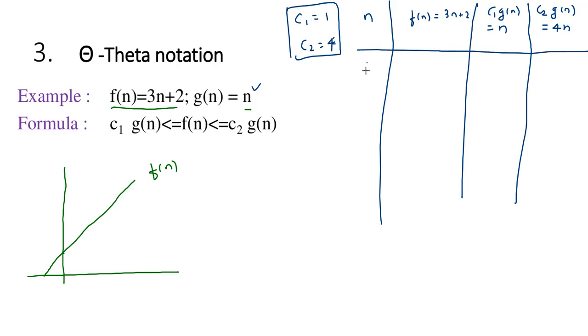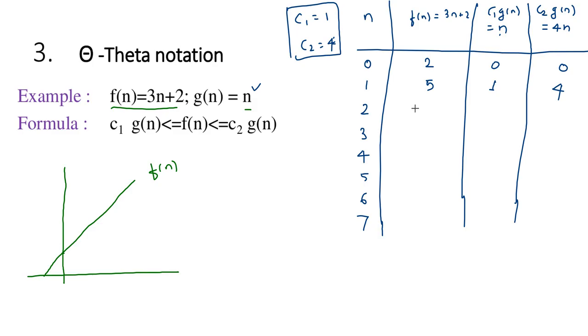So n equal to 0, 1, 2, 3, 4, 5, 6, 7. We'll take some more values so that we get some difference. For n equal to 0, f of n is 2, and in both the other cases it is 0. When n equal to 1, f of n is 5, c1 g of n is 1, and c2 g of n will be 4n, so I will write 4 here.